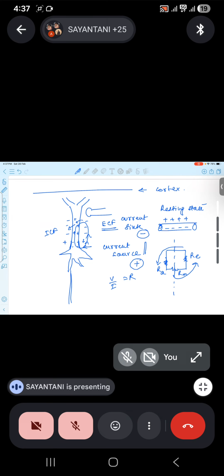Due to this movement of the charges, a dynamic dipole is being created, due to which a current is flowing. And of course, if the current is flowing via some resistances, via Ohm's law, you can estimate the voltage. You can just attach an electrode and estimate the voltage taking place in this dendritic cell or the pyramidal cell. I hope this part is clear.